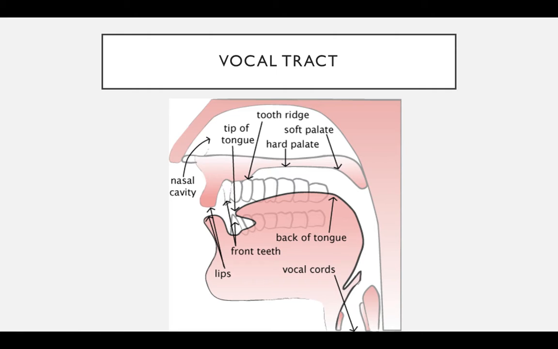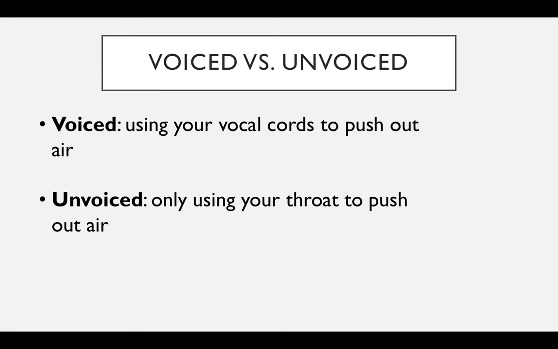So I would let students know, okay, we are going to be using the tip of our tongue, and show where the tip of the tongue is on the chart, the top front teeth, and we will also be referencing the back of the tongue. So that will be where we're focusing our attention on, and the vocal cords. So the students would have that chart on their notes already to help them with the upcoming parts.